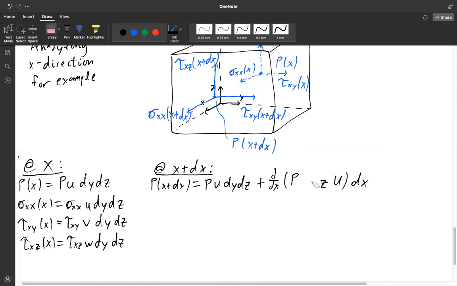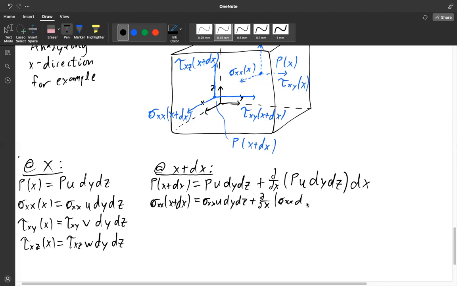Actually, to make it a little bit more clean, let's say this is sigma xx at x plus dx, equals sigma xx times u dy dz plus partial x of sigma xx u dy dz times dx.